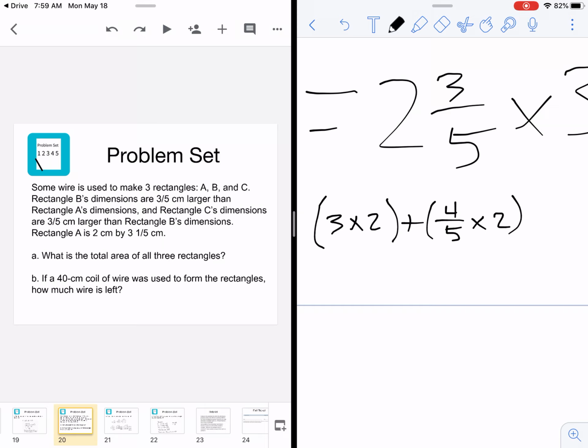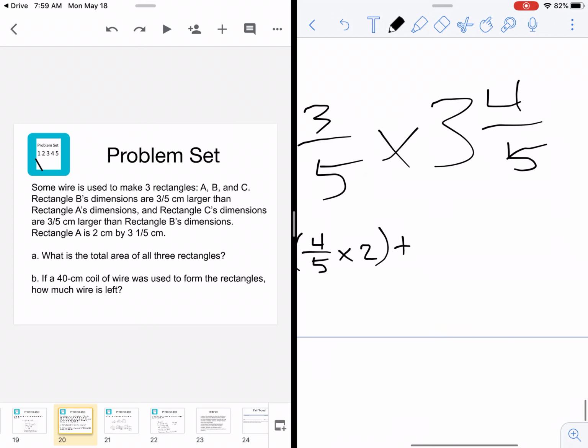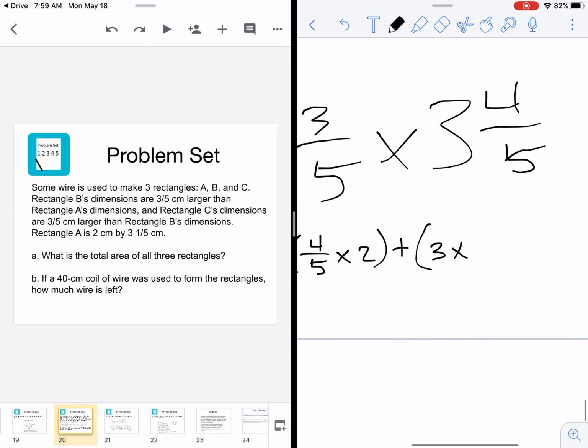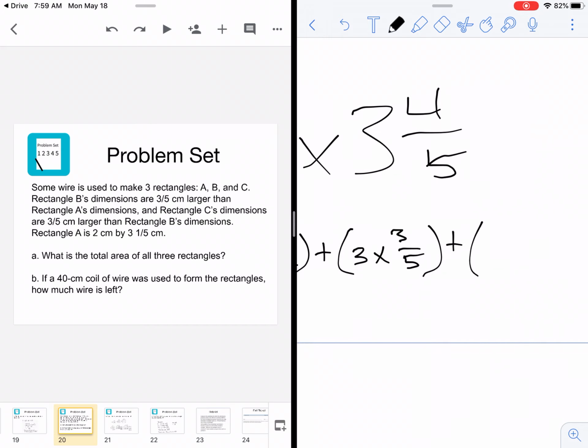And then we have plus 3 times 3/5, plus 4/5 times 3/5.